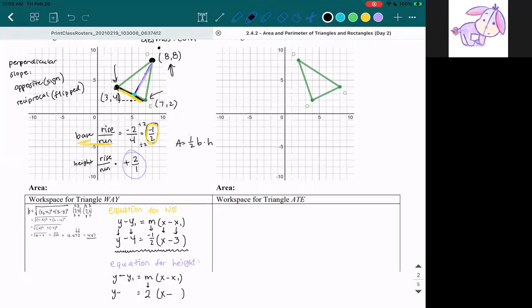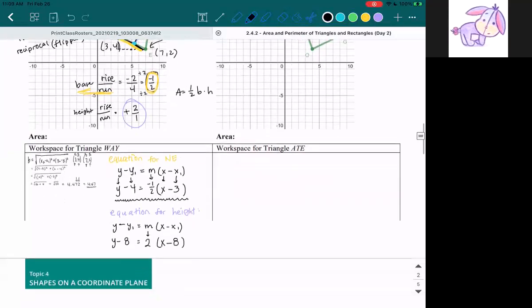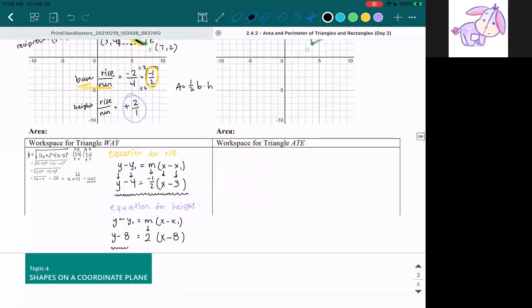The only point we know on our height is O, so it's 8, 8. So the y value in that point is 8, and the x value in that point is 8. So I will just fill that in onto our equations right over here. So now we have an equation for the height.